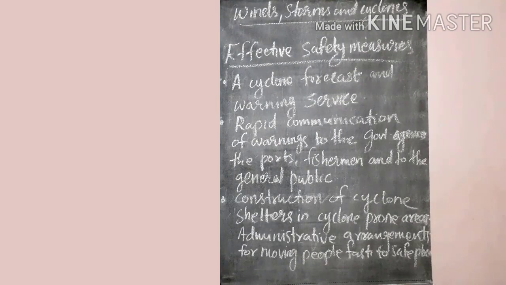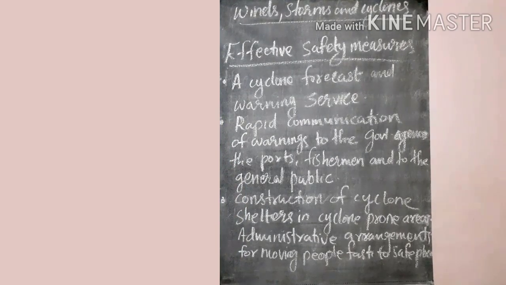The government or other agencies have to inform the present situations instantly to the public. Arrange safety shelters for the people to move from prone areas to safe places. These are very important effective safety measures by the government.